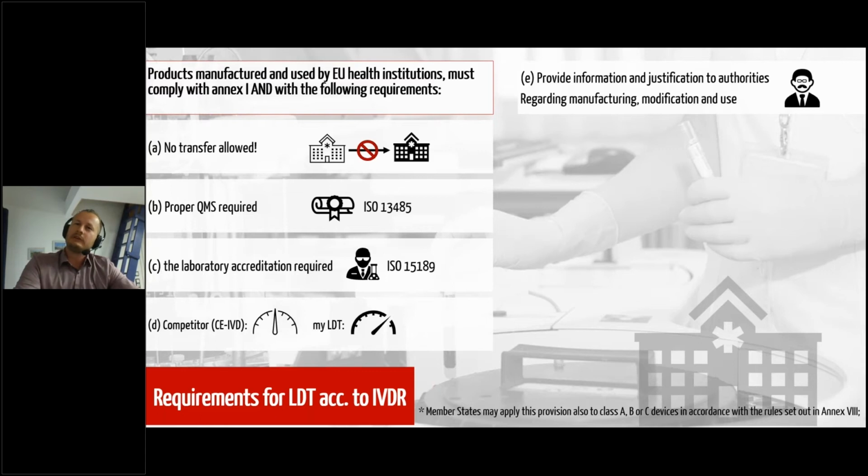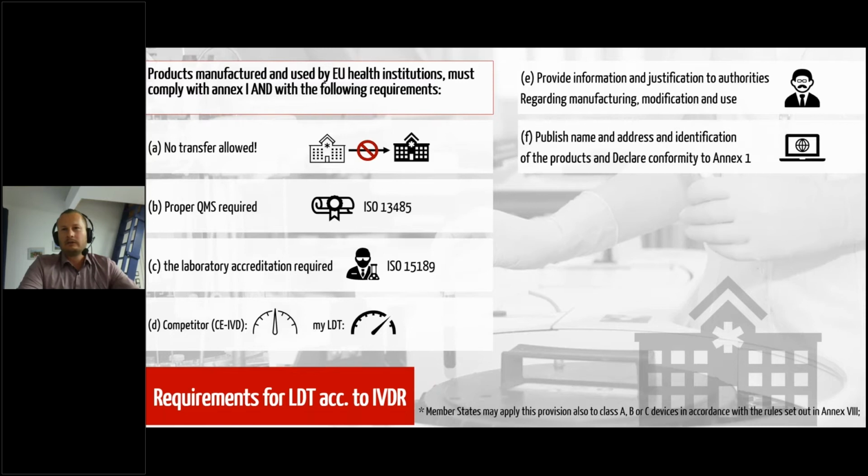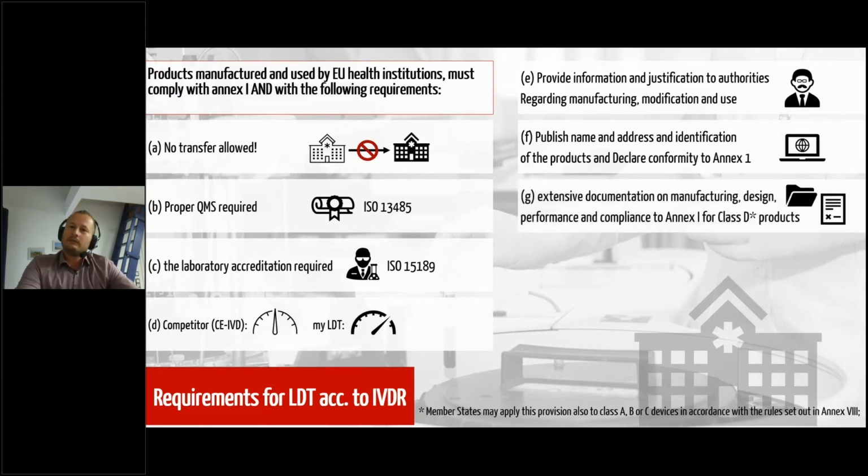A laboratory needs to provide information and justification to authorities regarding manufacturing, modification, and use of the device if requested by the authority. The laboratory needs to publish the name and address of the laboratory and the identification of the products, and declare the conformity to Annex 1. And then they need to provide extensive documentation on manufacturing, design, performance, and compliance to Annex 1 for Class D products.